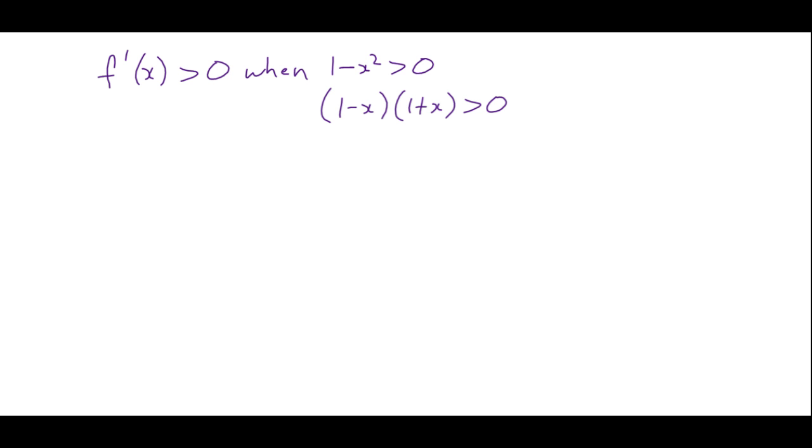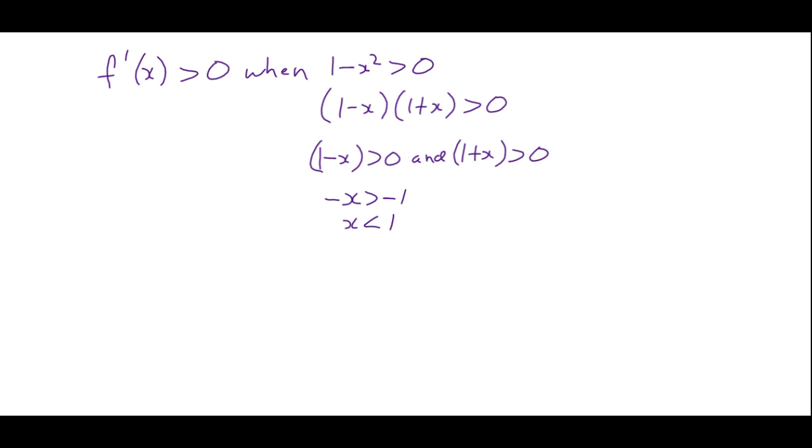Okay, so where are we? Right, so let's do the cases. If that needs to be greater than 0, then 1 minus x has to be greater than 0, and 1 plus x has to be greater than 0. So that means negative x is greater than -1, which means x is less than 1, right?